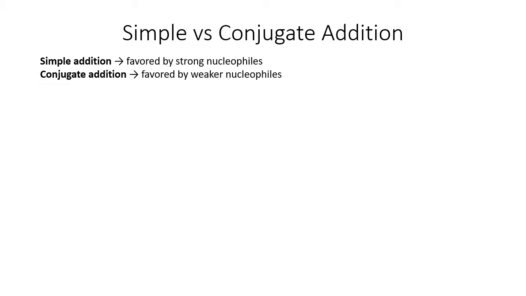For example, if I were to take my alpha-beta unsaturated carbonyl and treat it with a Grignard reagent, such as methyl magnesium bromide, followed by water as a proton source, then because the Grignard reagent is such a strong nucleophile, it's going to attack immediately at the carbonyl carbon.